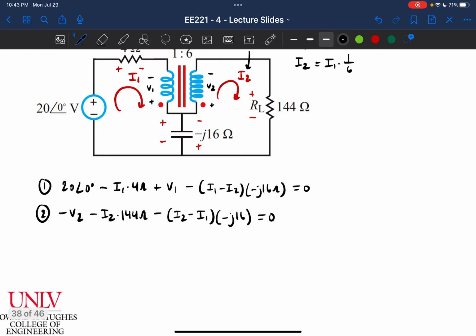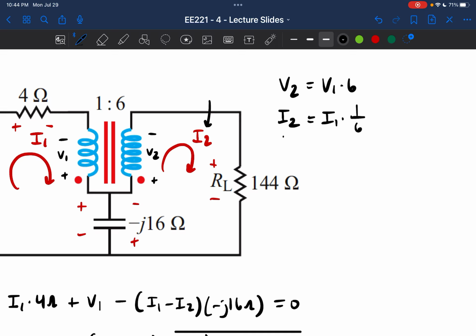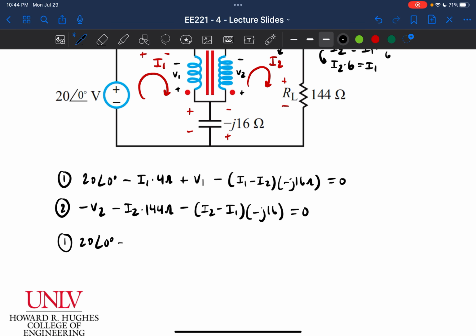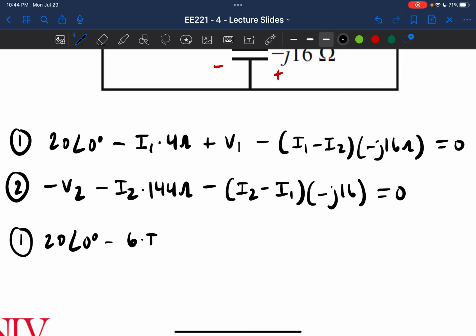Let's rewrite equation 1, but with all of our V1s in terms of V2. So it's going to be 20 angle 0 minus, and our I1s are going to get converted to I2s as well. I1 is equal to 6 times I2. That's what we wanted. So right here, my I1 is going to get replaced with 6 times I2 times 4 ohms.